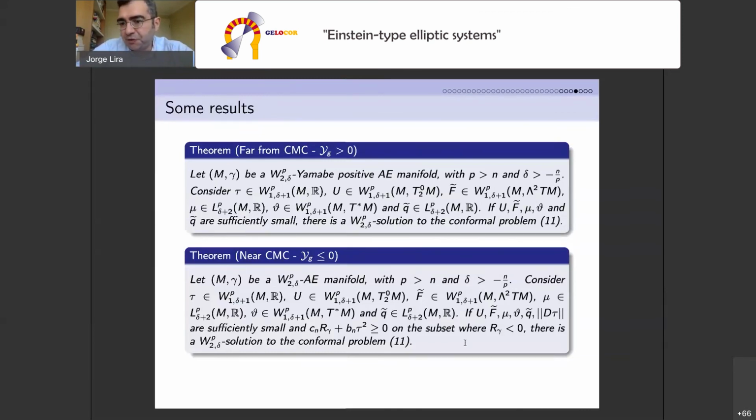Since it is not possible to assume that the scalar curvature has a positive sign in the regions, eventually when the scalar curvature is negative, then you consider this interplay between the sign of the mean curvature, or the size of the mean curvature, and the scalar curvature.